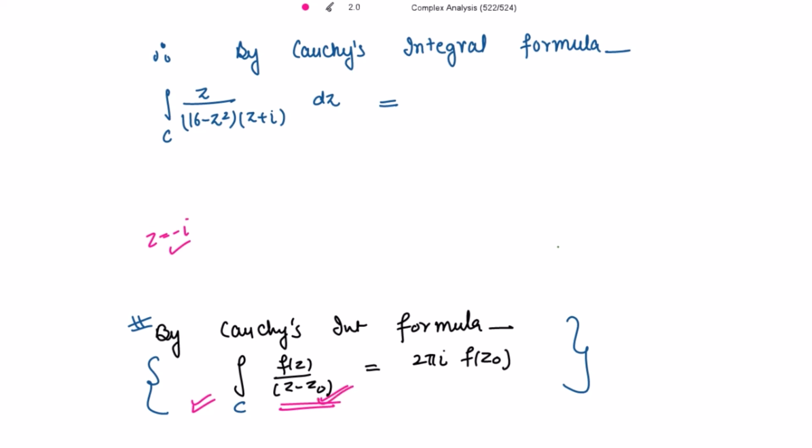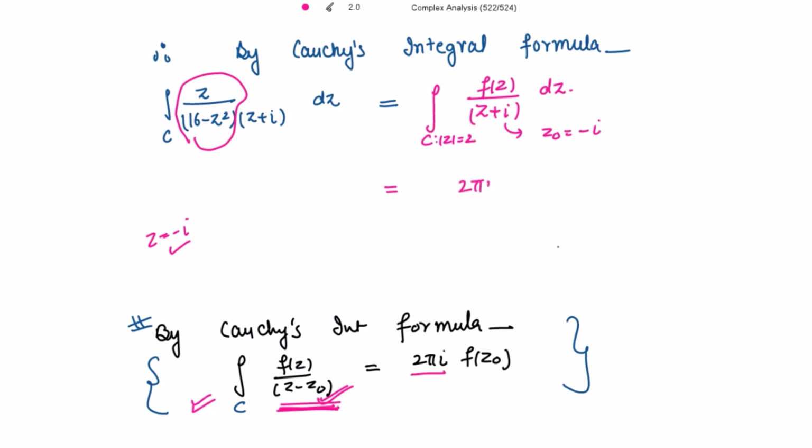Now here, what is f(z)? This complete expression is our f(z). So I can write this as the integration of f(z) divided by z plus i dz. According to this format, what is z naught? z naught is negative i. So this is equal to, along the circle |z| = 2, 2 pi i f of, what is z naught?